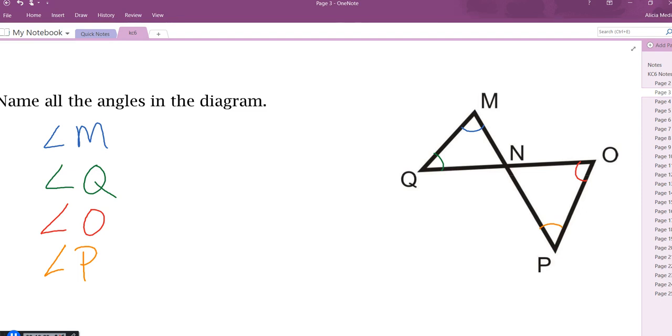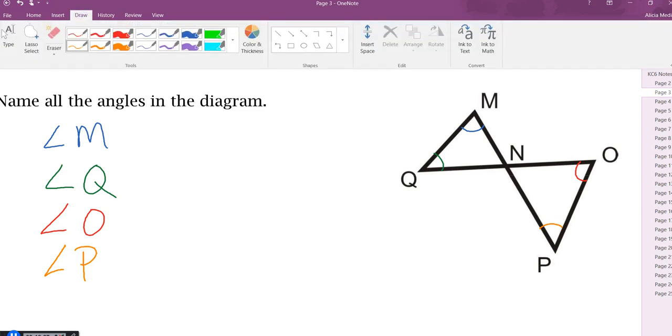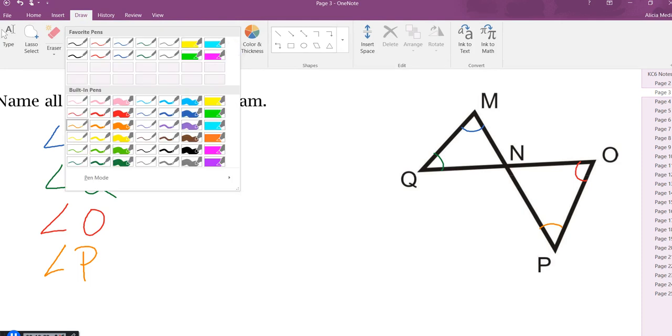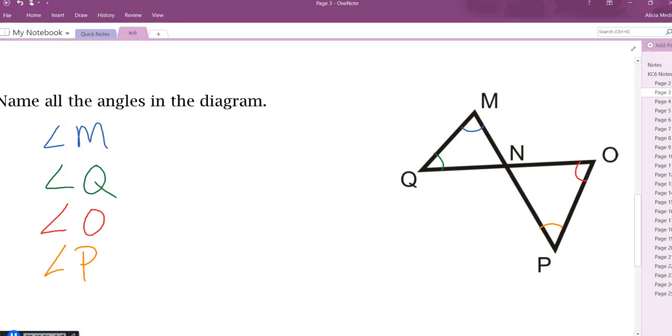So I do have those inner angles. So let's use pink. So this angle right here. So because I have that middle point, I can't just say angle N, because that has four different sides. So I do have to go in order.